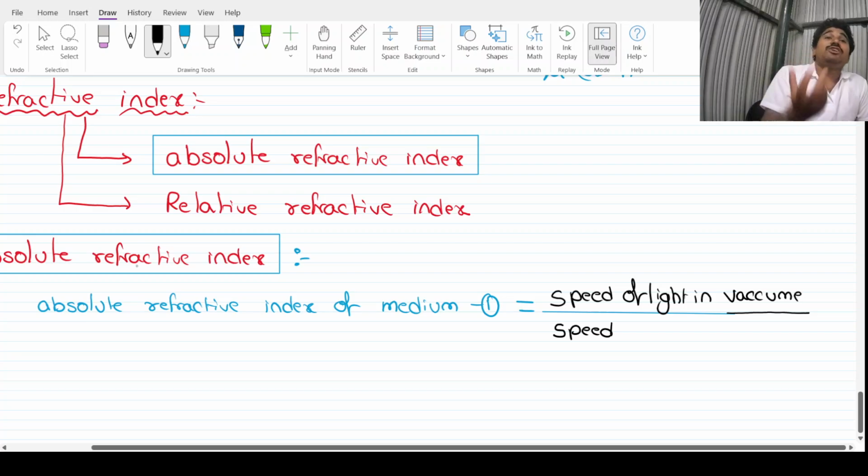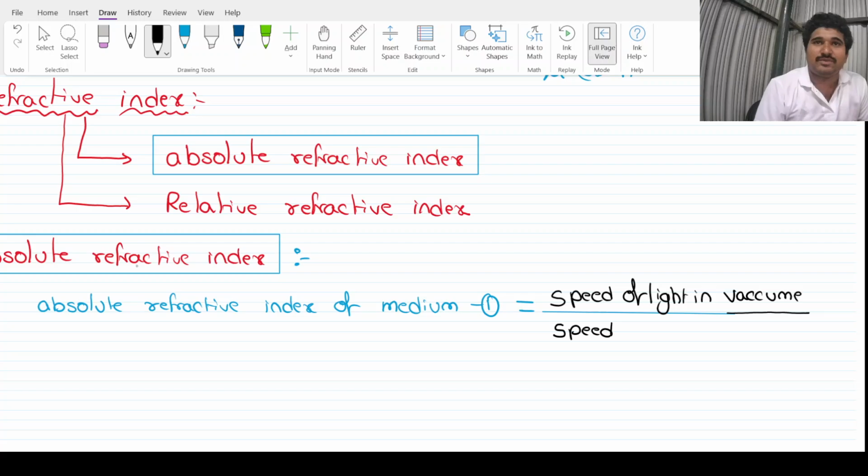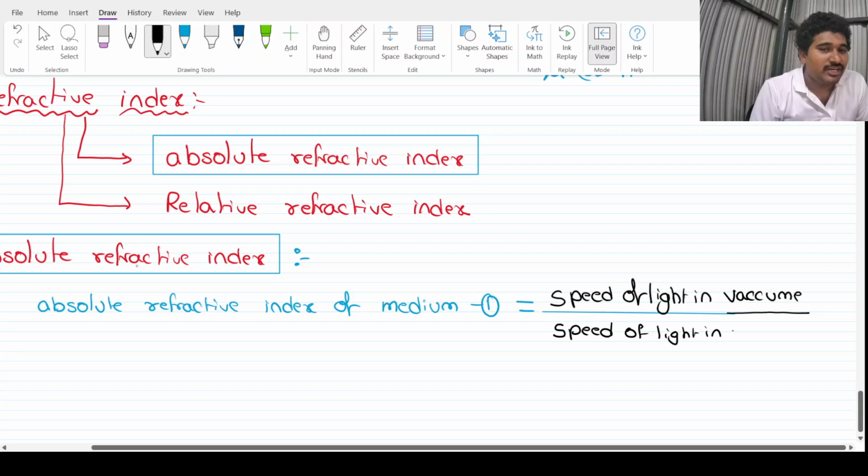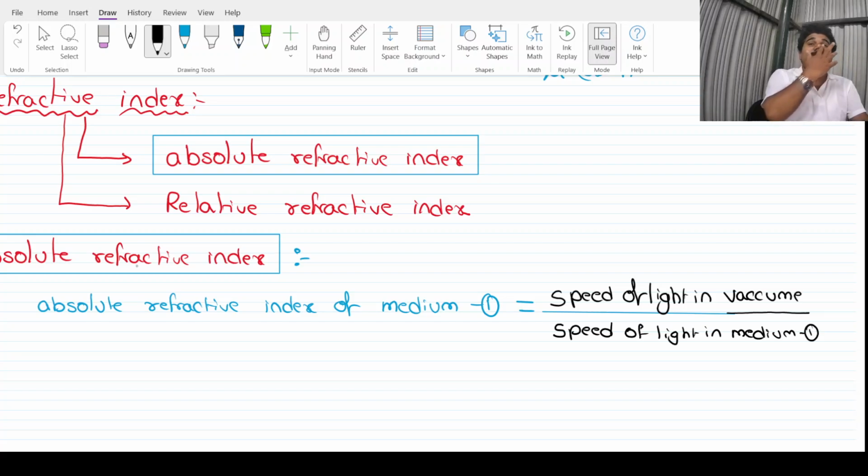Means we have to compare the light speed in our medium, the speed of light in medium 1. Absolute refractive index of medium 1 is nothing but the speed of light in vacuum divided by the speed of light in the medium. You have to divide both of them. Is that clear?